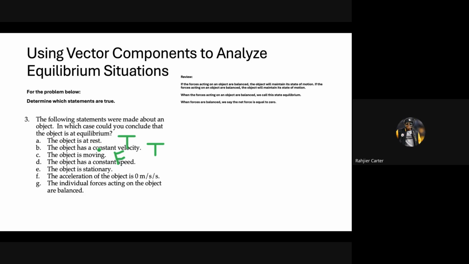I'm going with Lakshmi and say no, because if an object has a constant speed, wait, wouldn't it have equilibrium? It would have acceleration. It would be false. I think it's false.